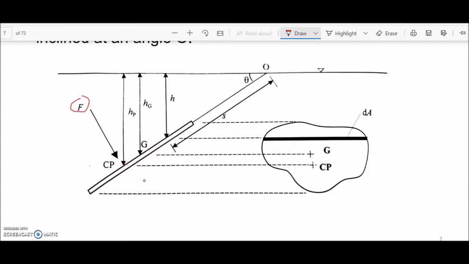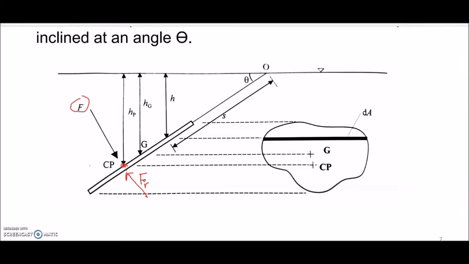This is what we call the center of pressure, Cp. There is also a force acting in the opposite direction to F, called Fr. This Fr holds the immersed surface so it can remain in its position.